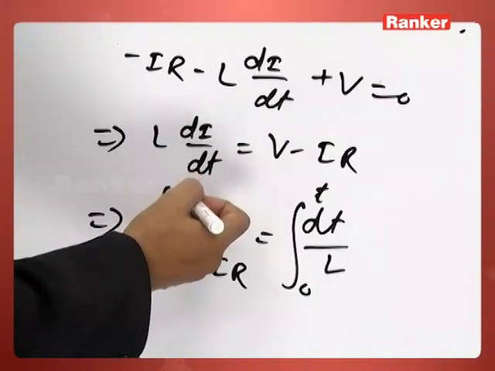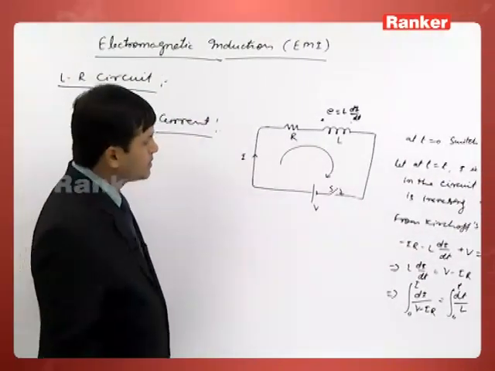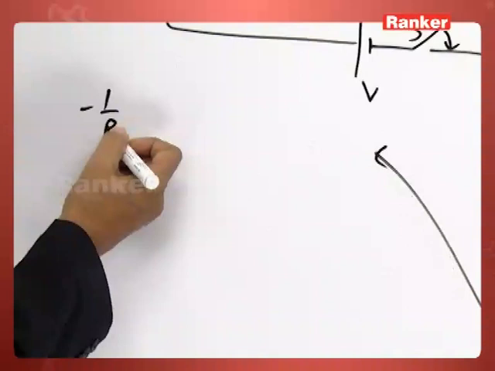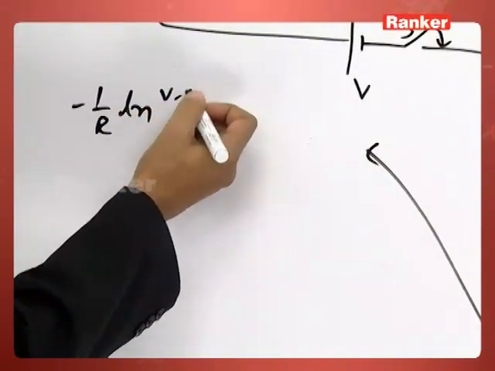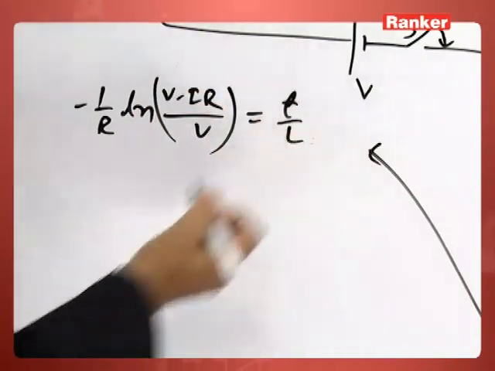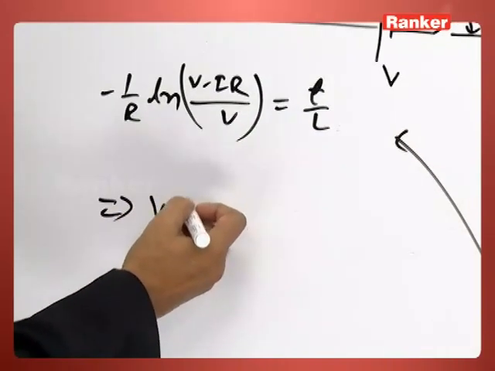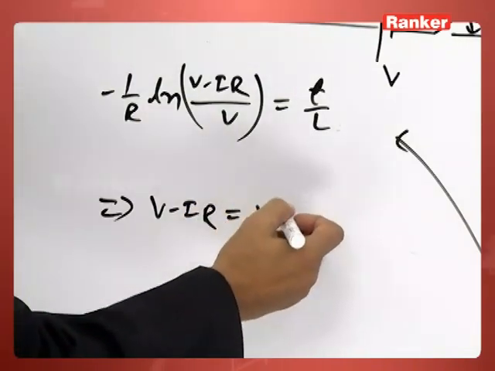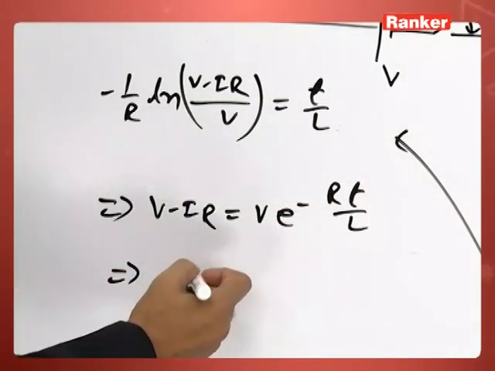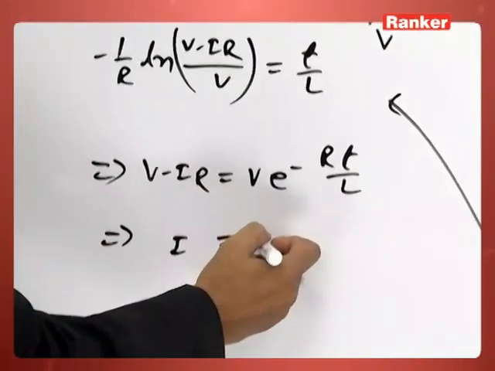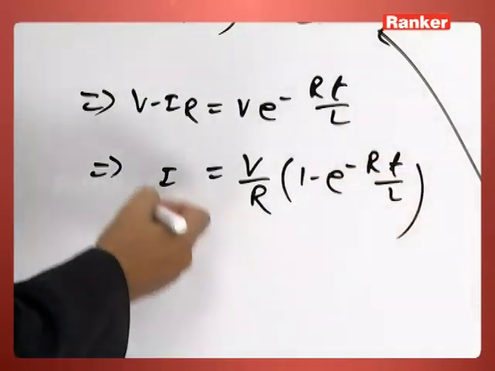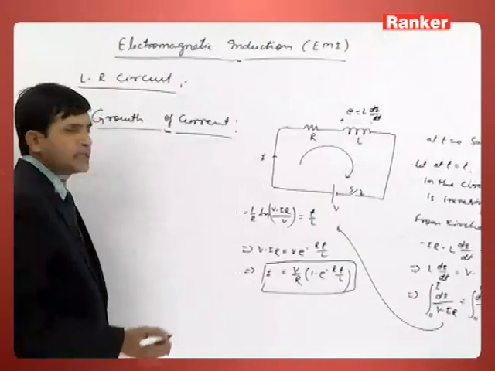At t equal to t, let the current be I. After that, we can simplify this further and write: minus 1 by R ln((V minus IR) by V) equals t by L. So from here, V minus IR equals V e to the power minus Rt by L. So we can get the current value: I equals V by R times (1 minus e to the power minus Rt by L).